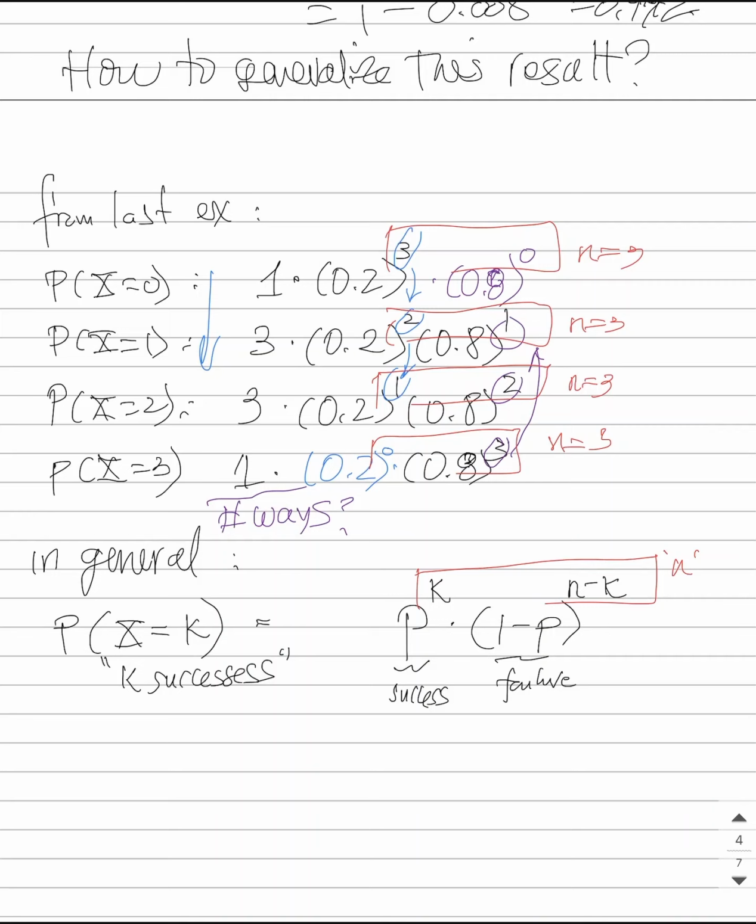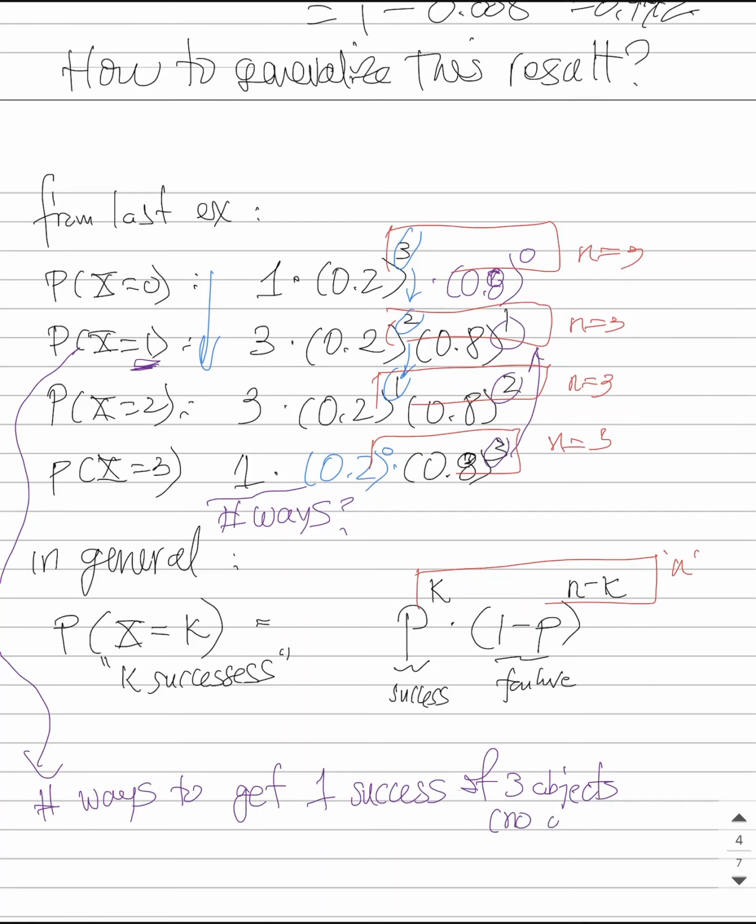Okay. Now, here we are interested in the number of ways to choose, let's say, 1 success out of 3. So if I go down here, the number of ways to get 1 success of 3 objects or 3 trials. We don't care about the order.